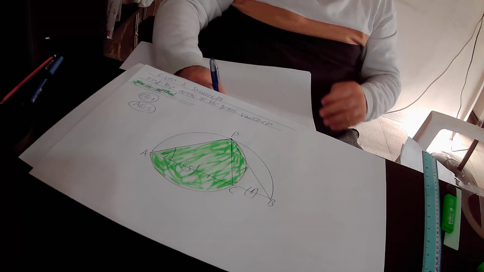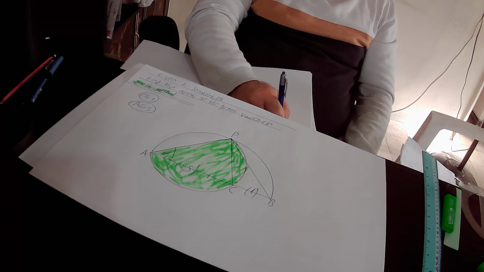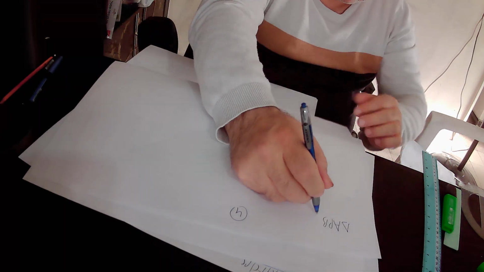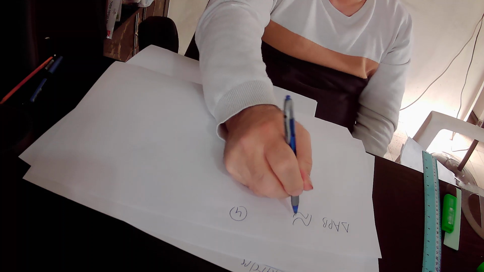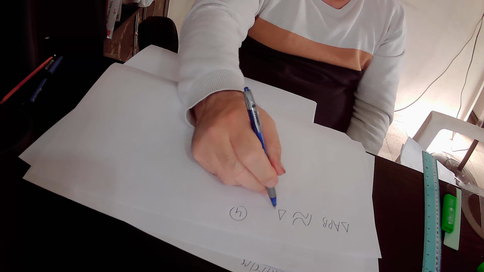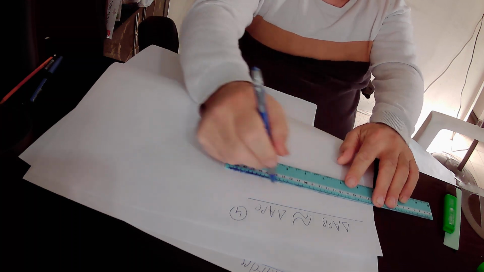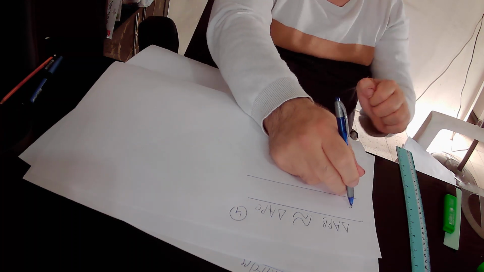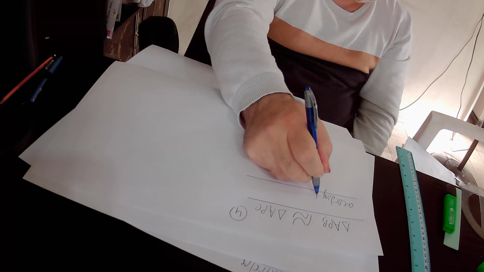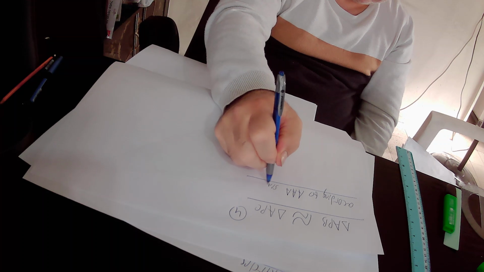I actually found out that the white triangle APB is similar, this is the sign of similar, to the green triangle APC according to the angle similarity rule.